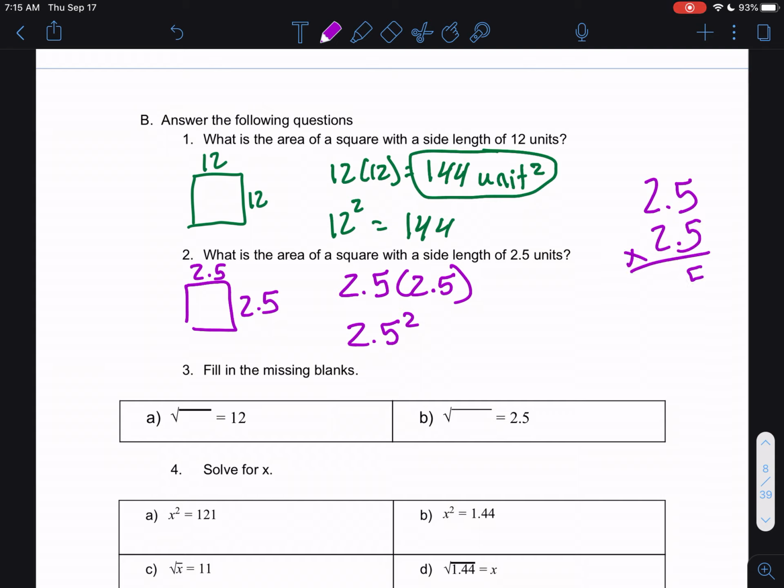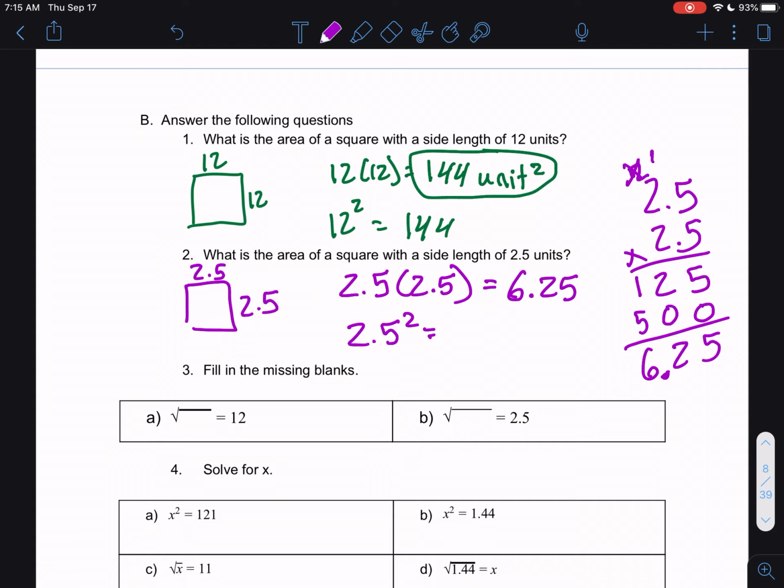So 5 times 5 is 25, regroup. 5 times 2 is 10, plus 2 is 12, so 12 tens. Then 2 times 5 is 10, regroup that 1. 2 times 2 is 4, plus 1 is 5. And then, since 2 times 2 is 4, my decimal should go here. So that means the area would be 6.25 units squared.